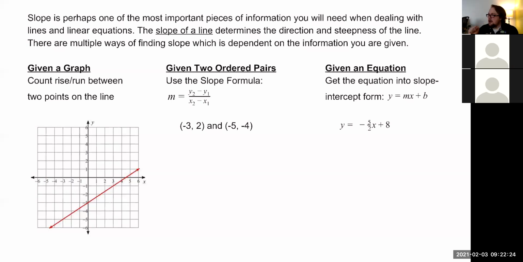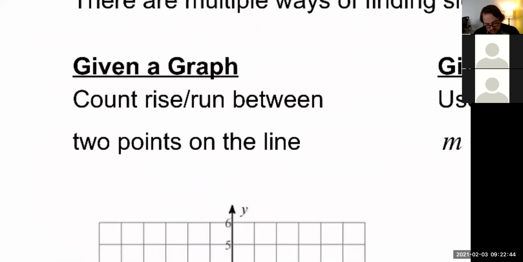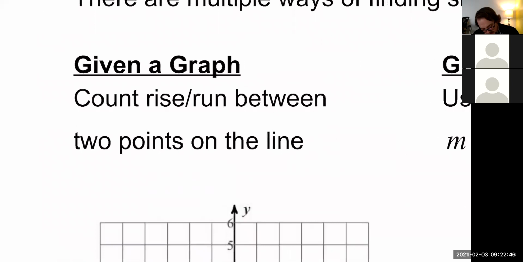Technology is always exciting. All right, so the first item on our list here is if you're given a graph of a line and you are asked to find the slope, we're going to do what is called count the rise over run between 2 points on the line. So in fact, I'm going to zoom in here real quick and I'm going to highlight rise over run.